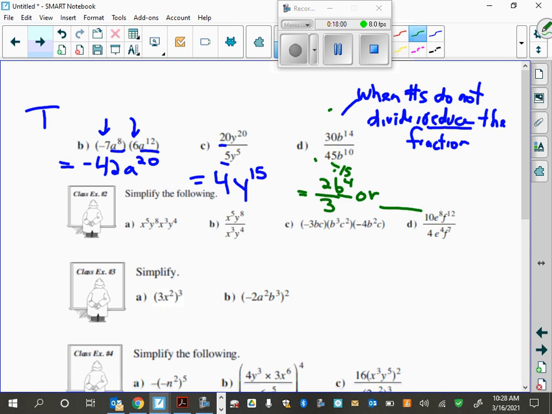No. For this one? For B? No, it is number times number and then add exponents. Don't need brackets. Okay, this one, 2/3, b to the 4th is the same thing.